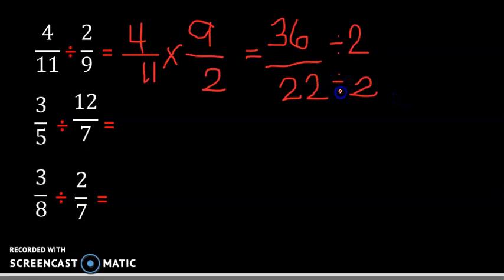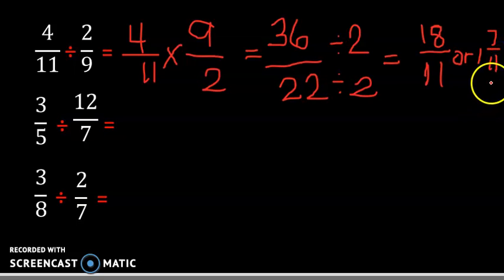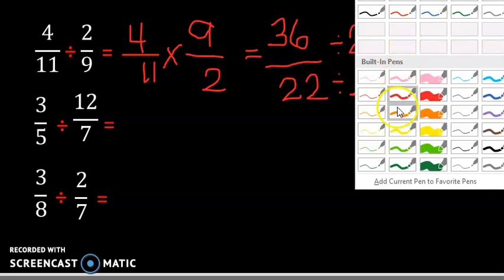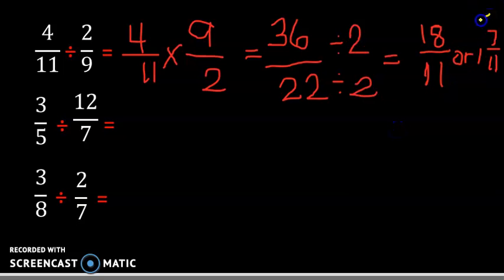So it will be 18 over 11, or 1 and 7 over 11. So our final answer is 1 and 7 over 11.